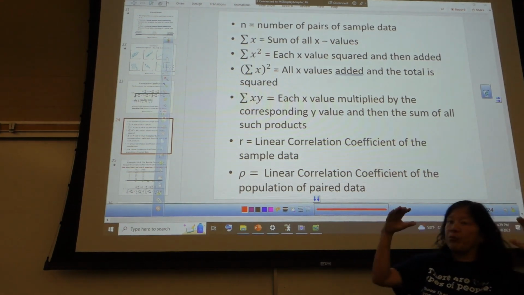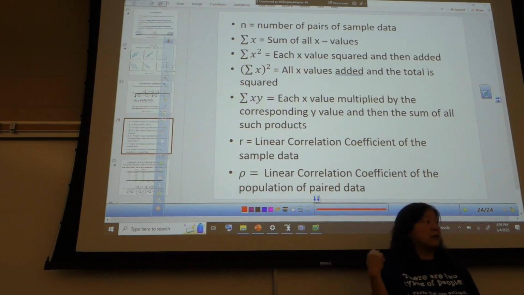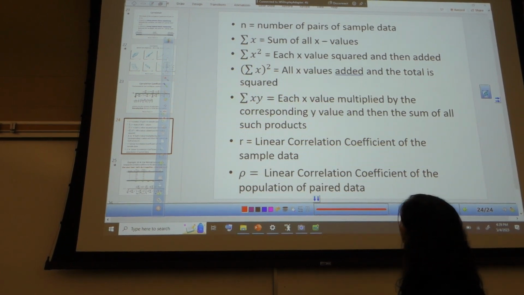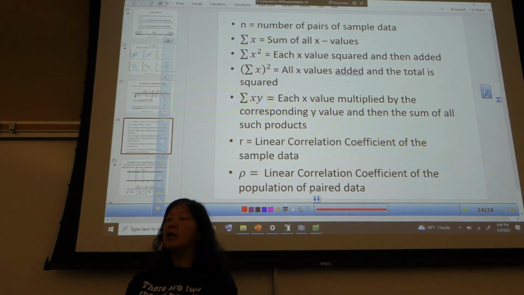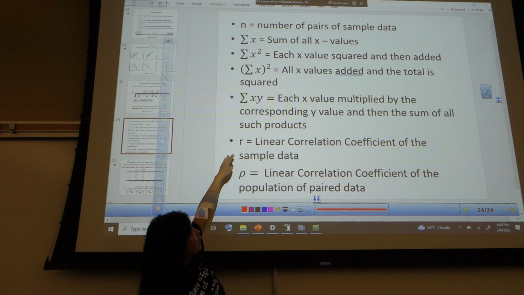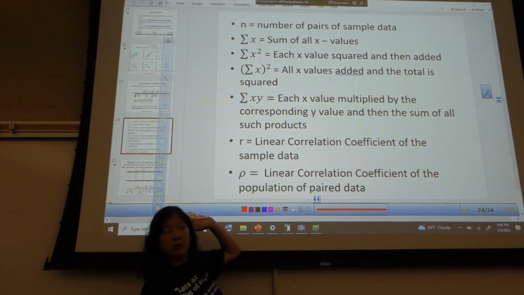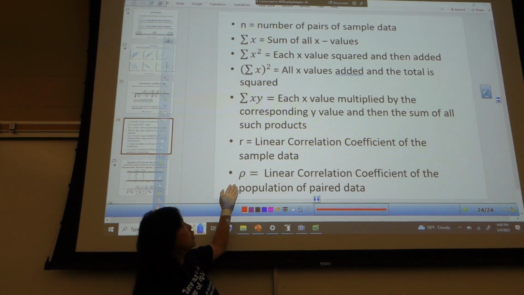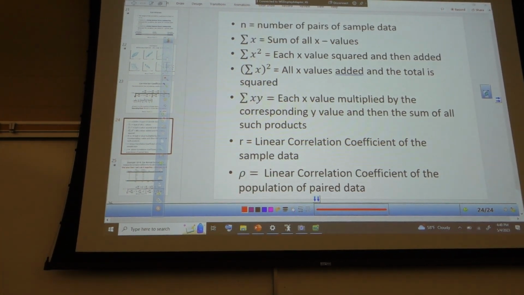The sum of x in parentheses squared means you add up all the x's first and then you square that. The sum of the xy's means you multiply every x by its y and you add up all those. R is your linear correlation coefficient for your sample, and rho is your linear correlation coefficient of your population.